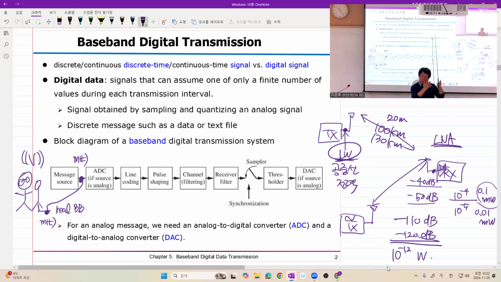And you now have a so-called low noise amplifier. That amplifies the output of the receive antenna and drives the circuit. And we could extract the digital information. What does that mean?